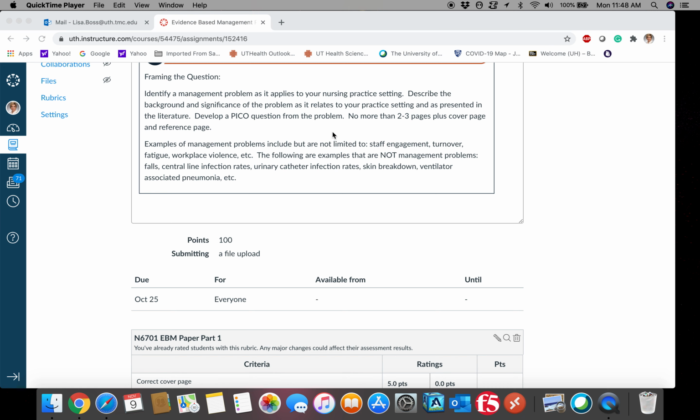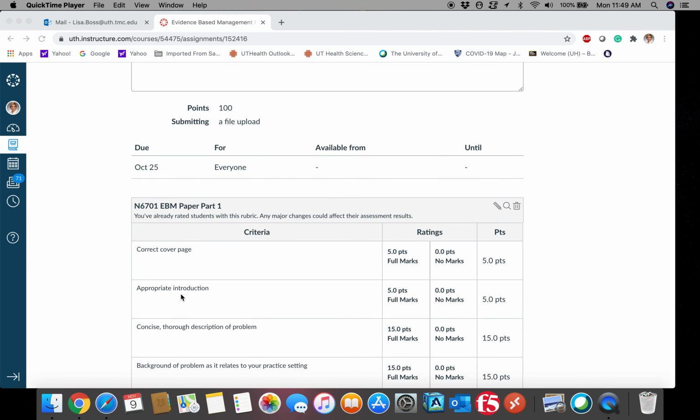I've identified the problem as X. In general terms, here's the significance, here's the background, and I will form a PICO question based on the evidence that I find and how it relates to my problem. So really that should be the introduction.